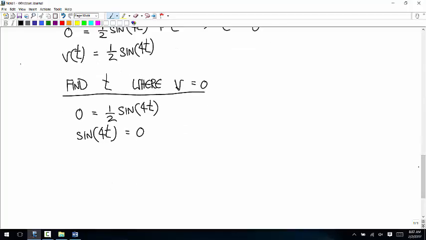And at what times is sine of 4t equal to 0? Pi, yeah, right. So it would be n times pi over 4 for n equals 0, 1, 2.